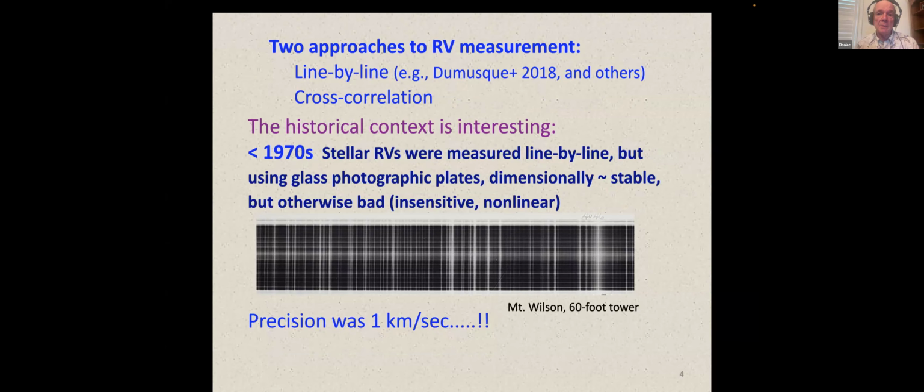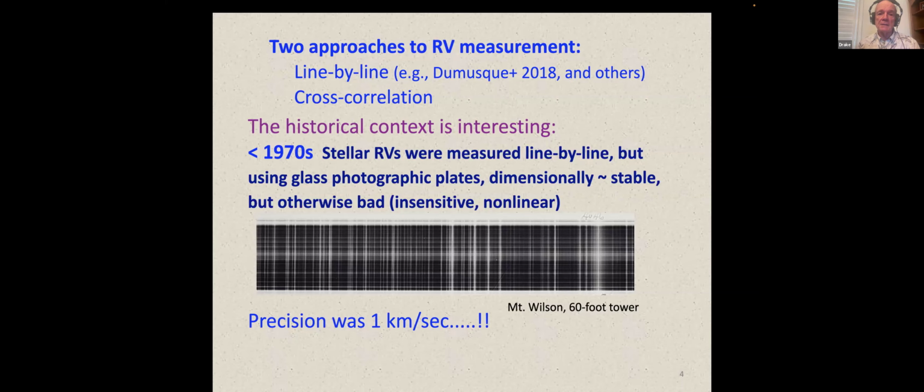It's been applied to stellar spectroscopy for decades, and it's been applied to the sun at least for a number of years now. And the second is a cross-correlation method, which really dominates current methods for measuring radial velocities.